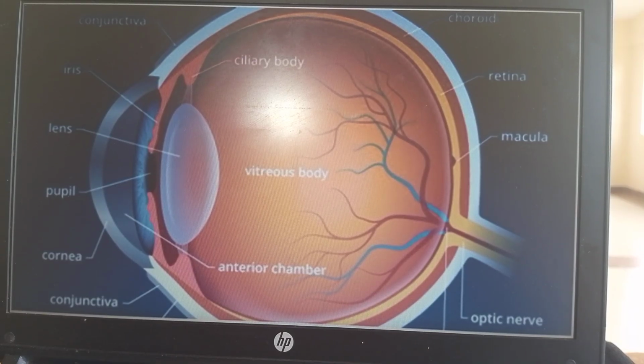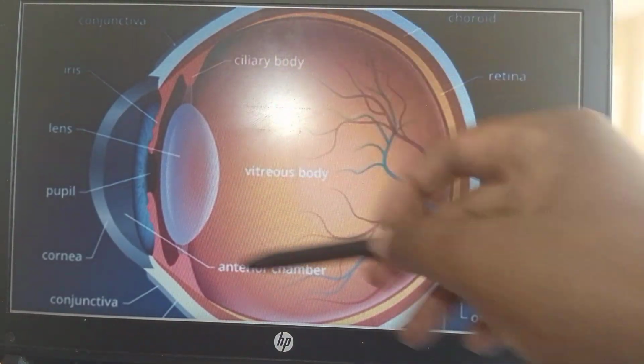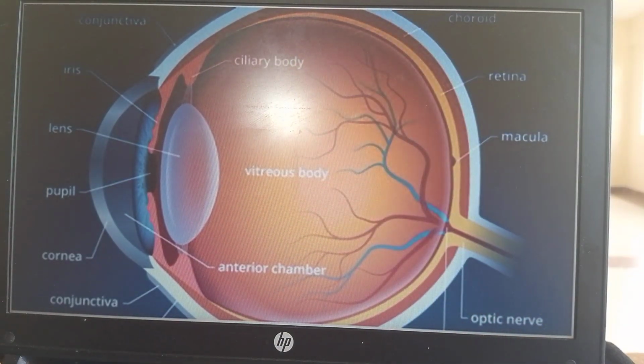Here is the famous structure of the eye as an organ. And before we begin, it's important to understand that the language of anatomy uses terms like anterior and posterior.